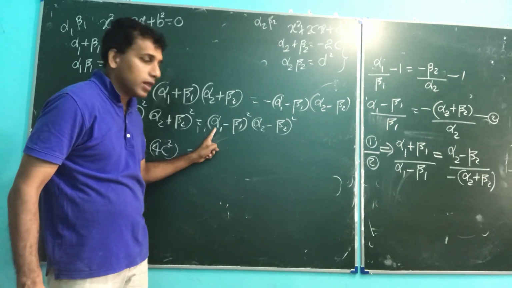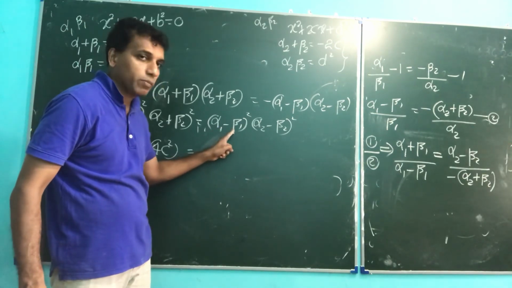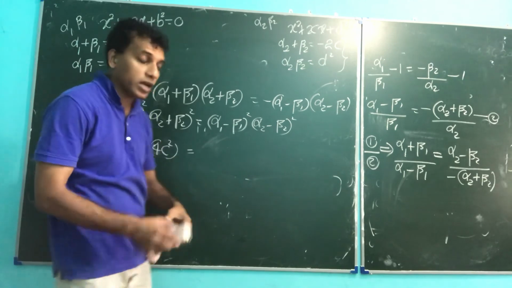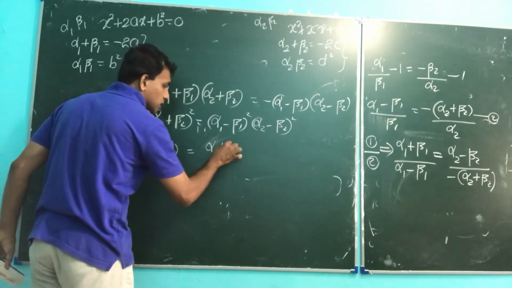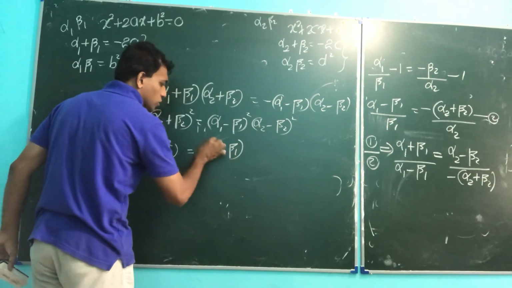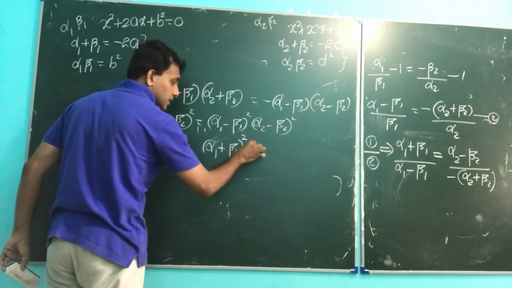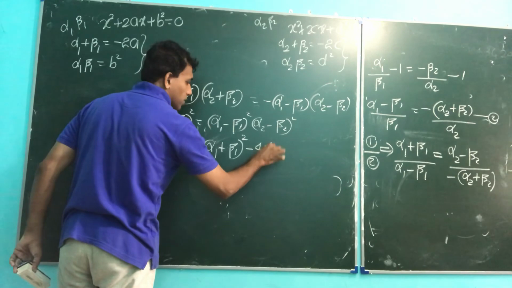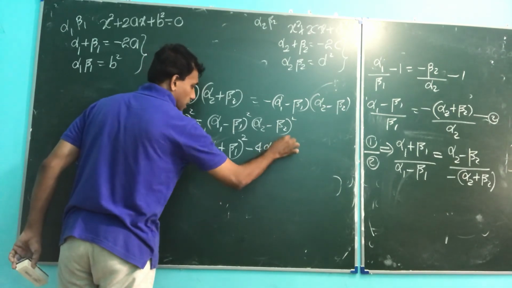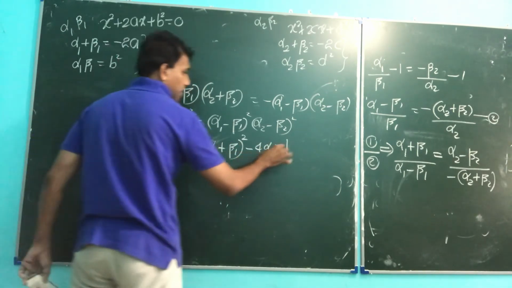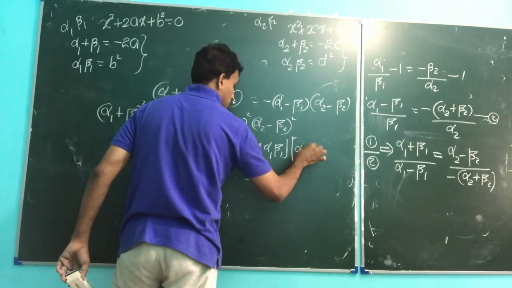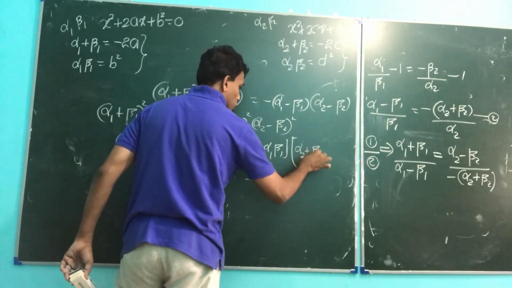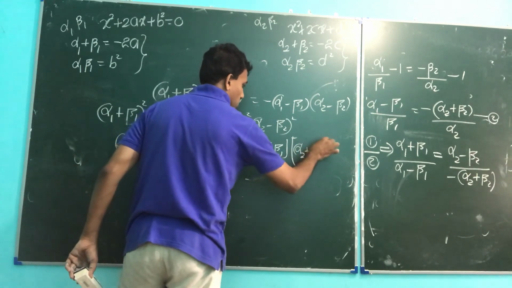Alpha 1 square minus 2 alpha 1 beta 1 plus beta 1 square. There's a problem. Can I write that? Alpha 1 plus beta 1 all squared minus 4 alpha 1 beta 1. Okay. Same here. Alpha 2 plus beta 2 squared, what is that?